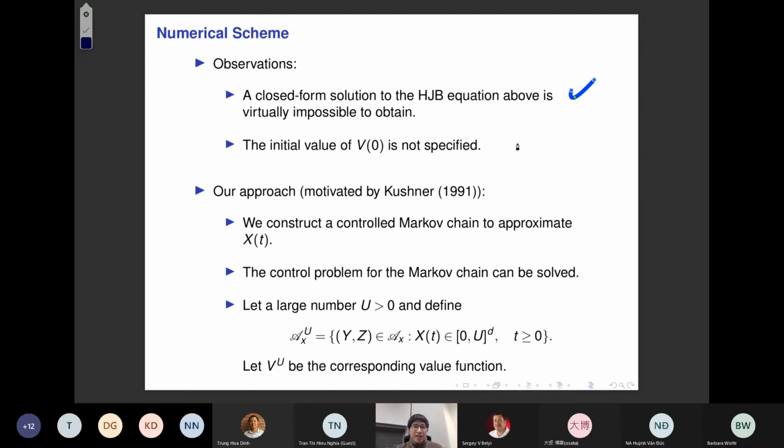Moreover, the initial value is not specified. V0 means we start with an empty ecosystem. Using the approach in the book by Kushner, we construct a controlled Markov chain to approximate X_t. The control problem for the Markov chain can be solved. Once we combine this, we can prove the convergence and apply the result to approximate the value function and the optimal control.